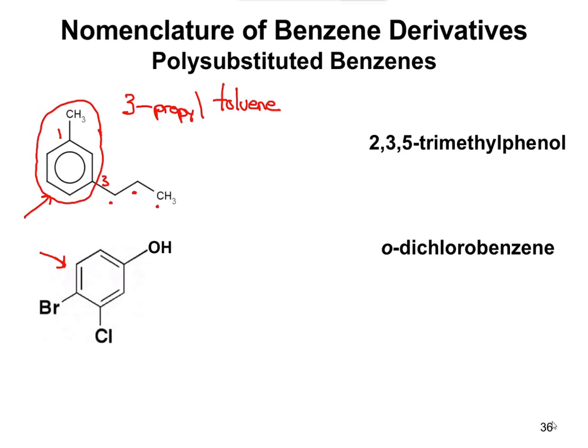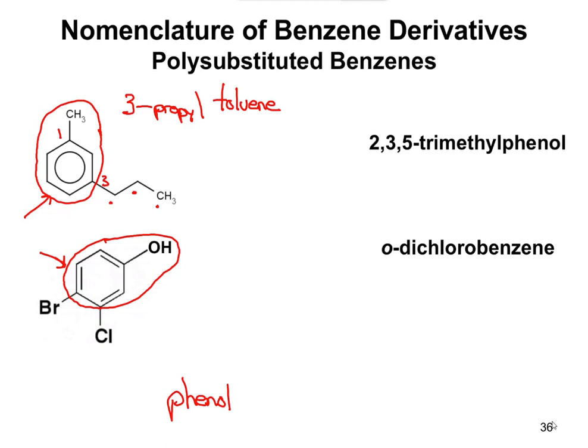All right, so now let's look at the one on the bottom here. Again, I see the benzene ring, and the first thing I do is I look for one of those common roots, and once again I have it. Here's a benzene ring with one of the common roots. This time it's going to be phenol. All right, now I have to figure out how to number them, knowing I have 2 more substituents.